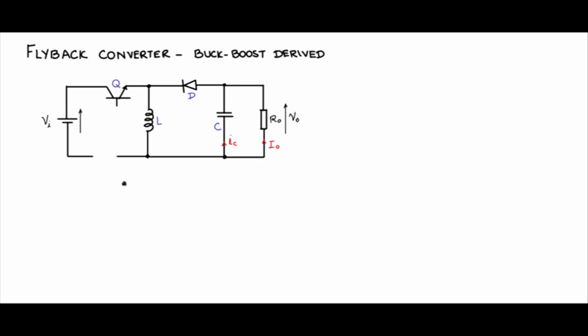Now I will make one modification just like we did in the forward converter. This control switch is on the rail side. This switch has to be driven to saturation on and off by controlling the voltage across its base and emitter.